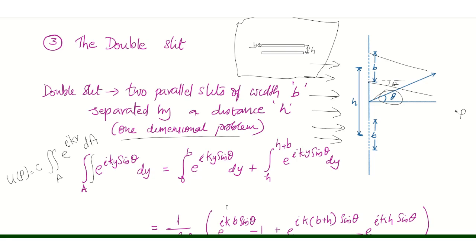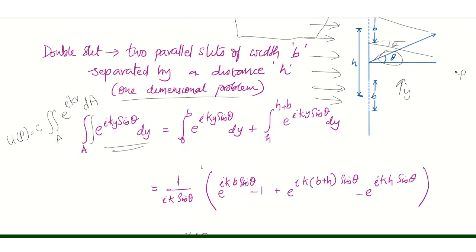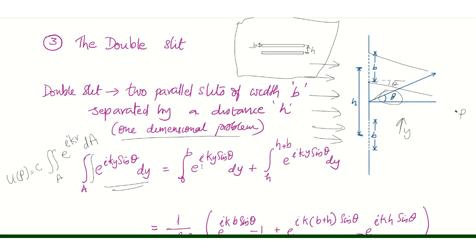Let's take this as the y direction, and therefore the integration will be along the y direction, e to the power iky, and this integral we can actually split into two, because what we have to do is to integrate over the apertures.